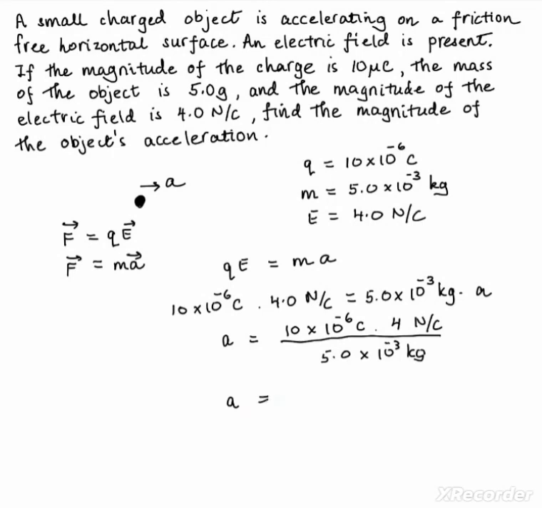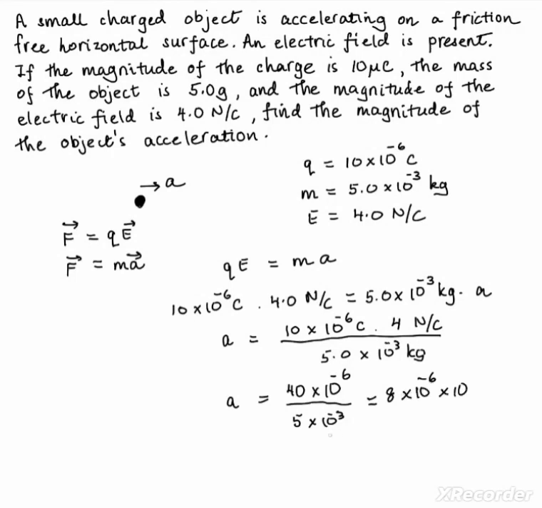So what we have is an acceleration of 40 times 10 to the negative 6 in the numerator, and 5 times 10 to the negative 3 in the denominator. That gives us 40 divided by 5 is 8, and then we have 10 to the negative 6.